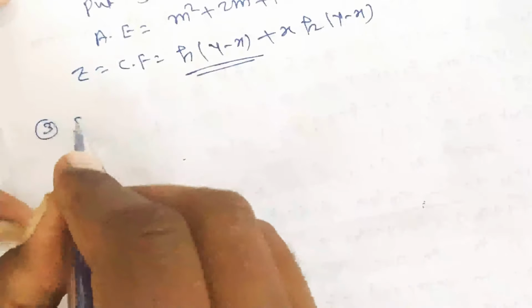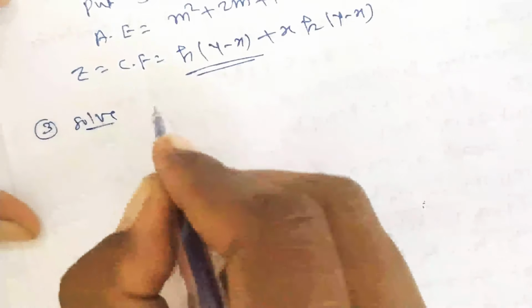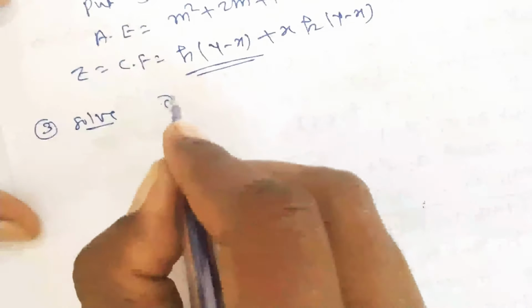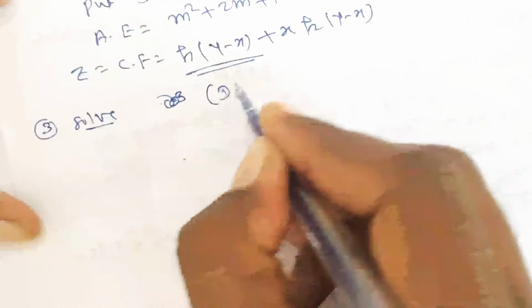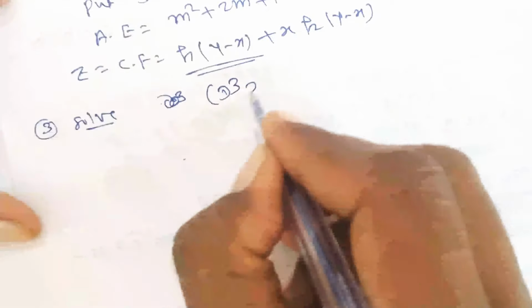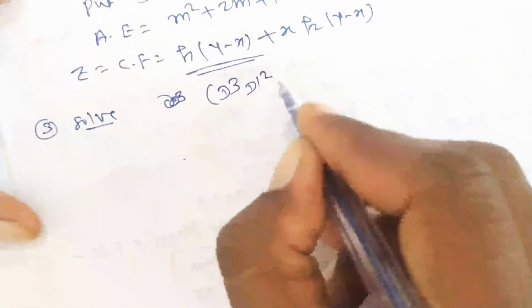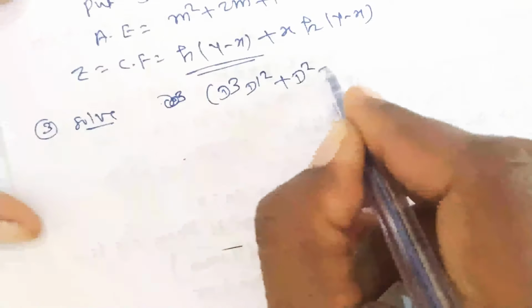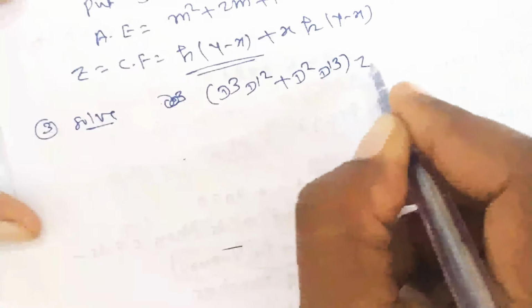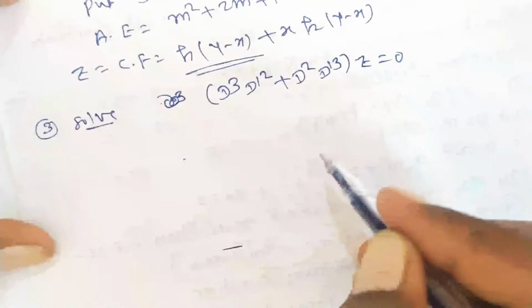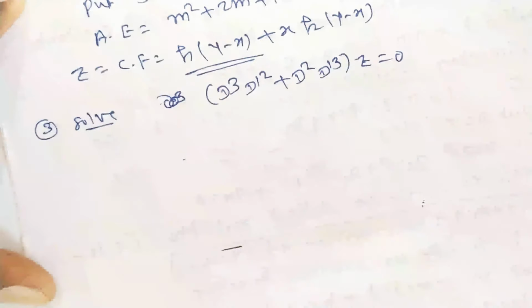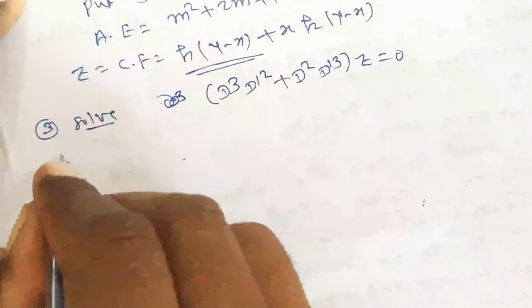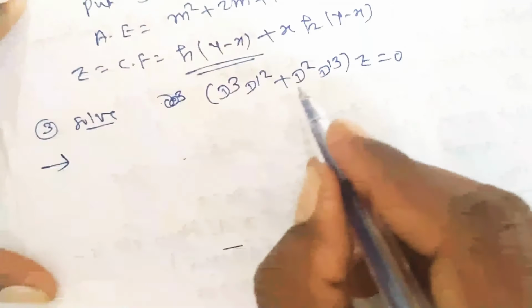Then the third problem is to solve D³D'² + D²D'³ z = 0. So this is the given partial differential equation and we have to find its solution. Now observe this φ(D, D') carefully.